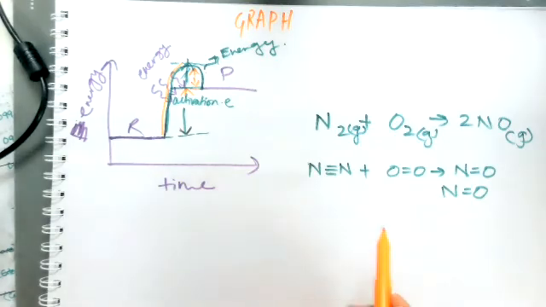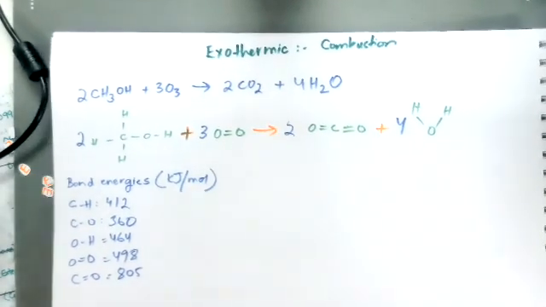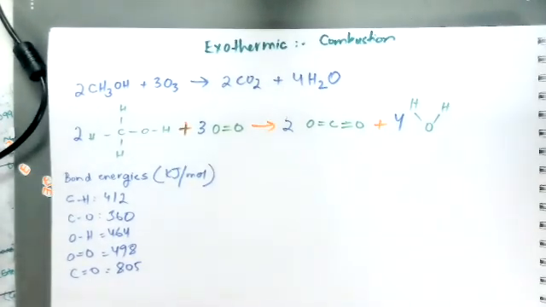Okay, so I actually prepared for that. Let me just take the page out. Okay, so over here I have the combustion of methane with oxygen giving us carbon dioxide.